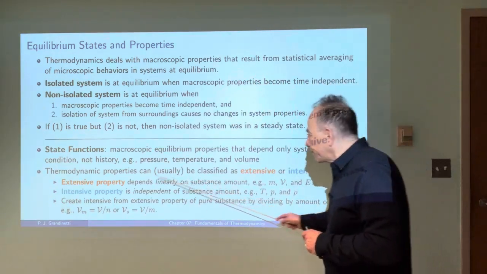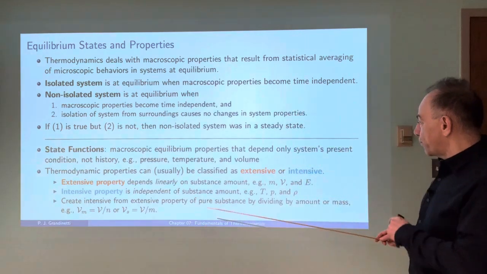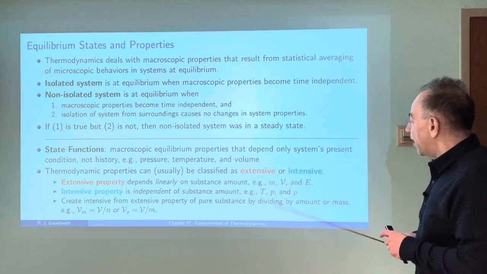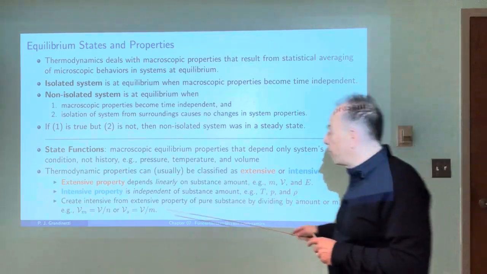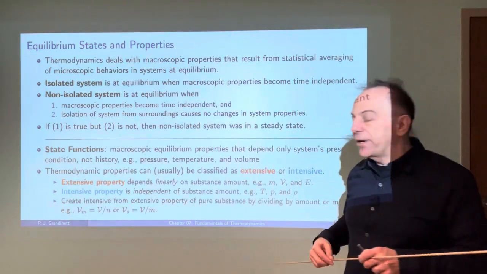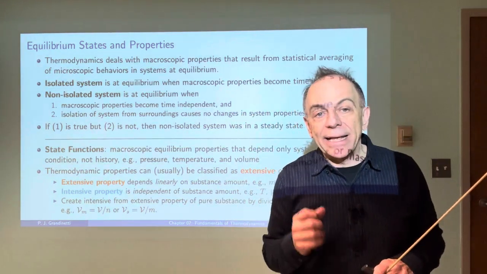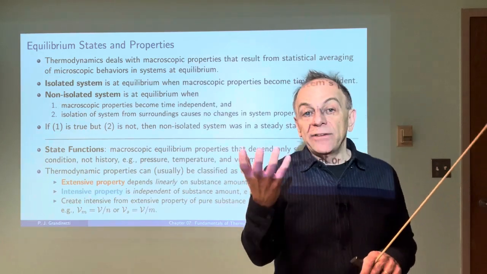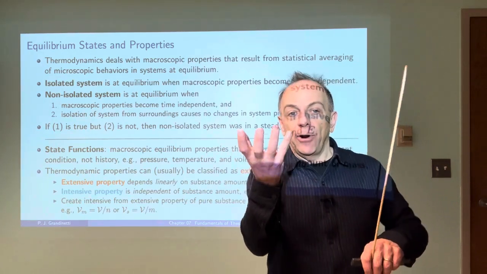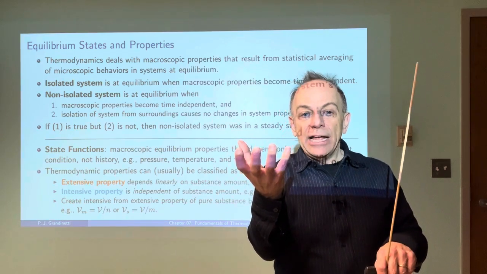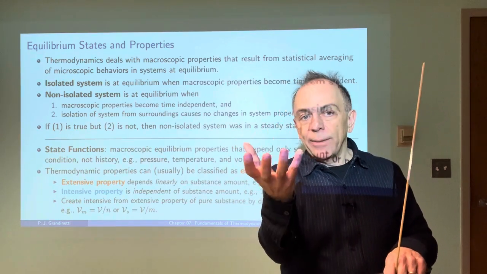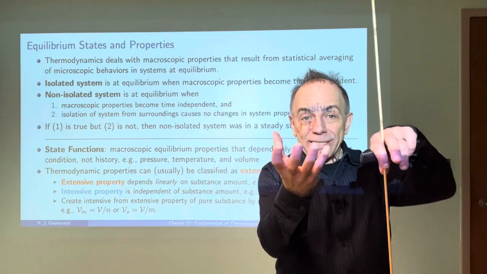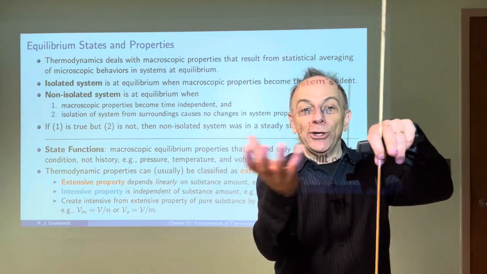Among those properties, we're going to classify them as extensive or intensive. An extensive property depends linearly on the amount of substance that you have. Imagine you had a perfect cube of a substance at equilibrium, and you made a clone of it and pieced them together to make a rectangular cuboid.